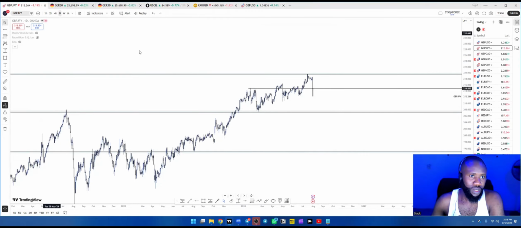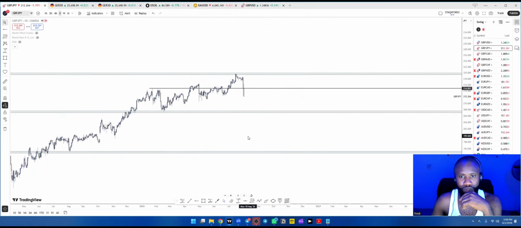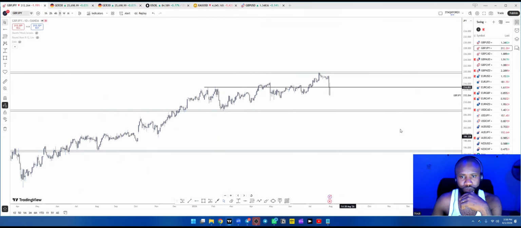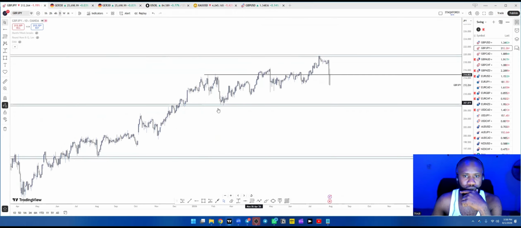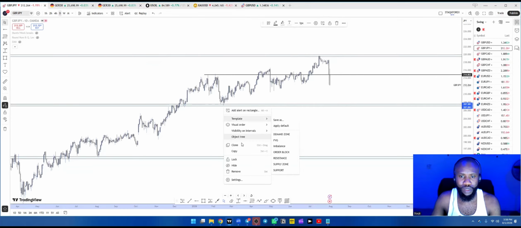All right. So now let's zoom out. I have a resistance that turned into support, which is this level. So for me, I'm expecting price to get back to this level.